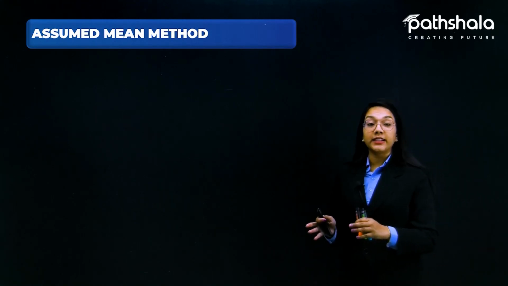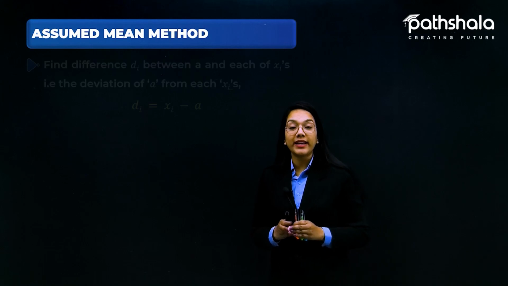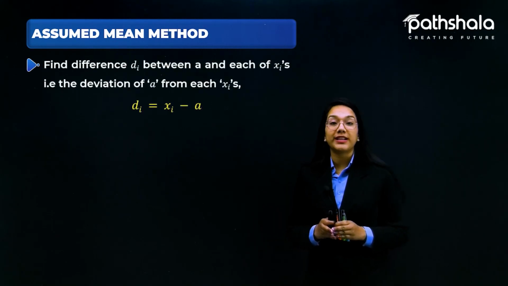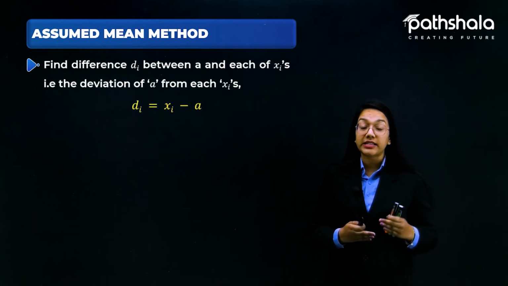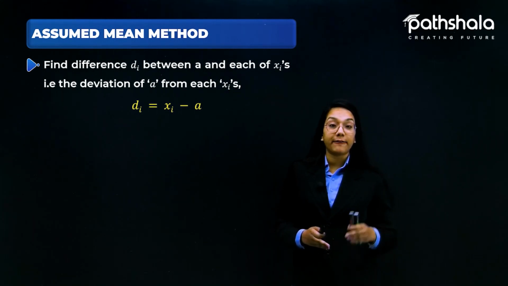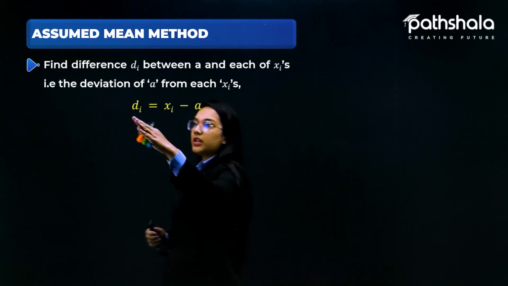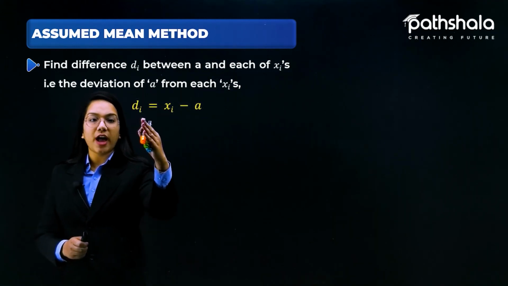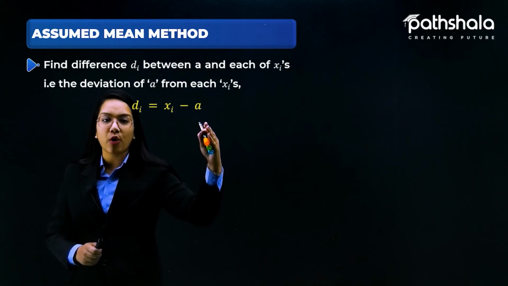Now after selecting the assumed mean, that is the a value, the next step is to find the difference di between a and each of the xi's, which is called the deviation of a from each xi. So the deviation is represented by di, which is the difference of every xi from a.